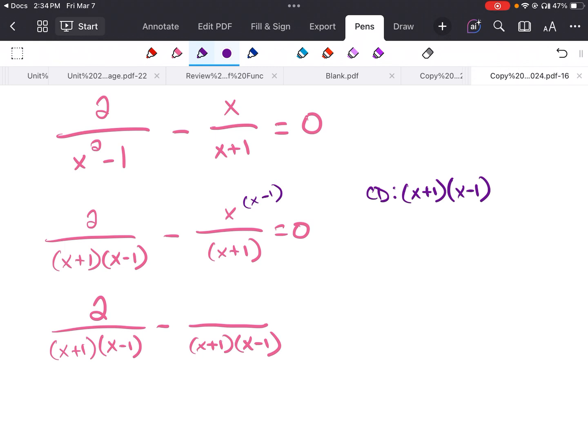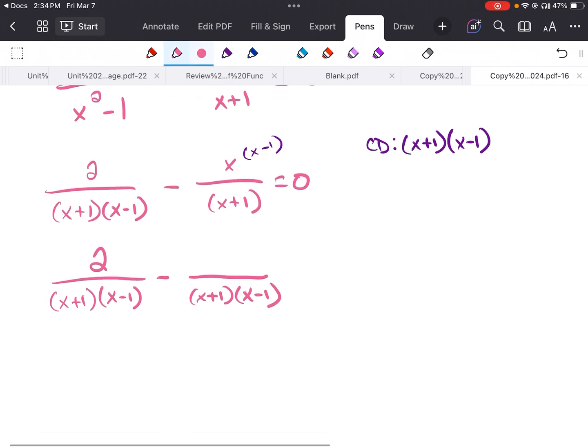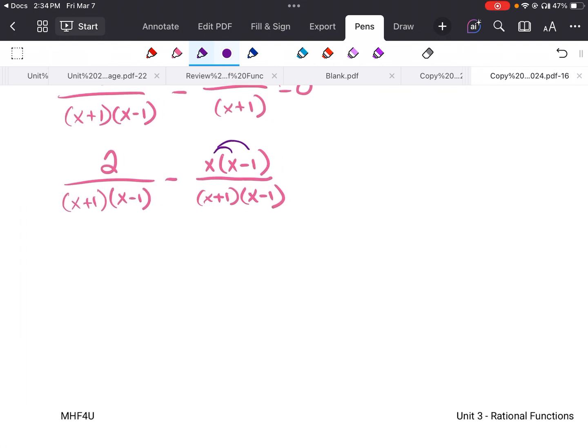Okay, and when we distribute, let's just do everything step by step. So we're multiplying that in, we're going to distribute this, so what we're left with here is 2 minus, okay, x times x is x squared, x times negative 1 is negative x.